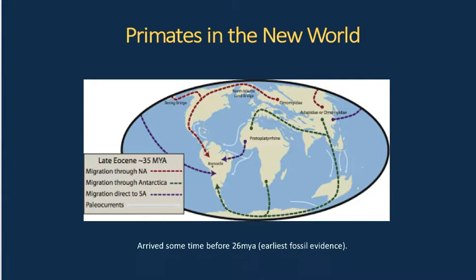The map that you're looking at is showing potential routes for how New World monkeys arrived in South America. We don't know exactly how this happened. We can speculate a little bit. One of the best, most widely accepted ideas is that they floated over on a vegetation raft.